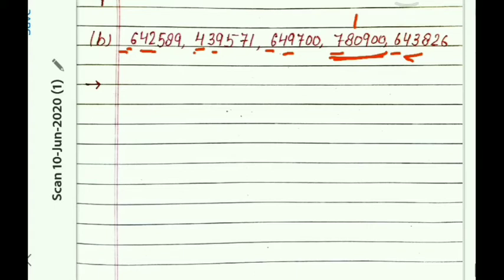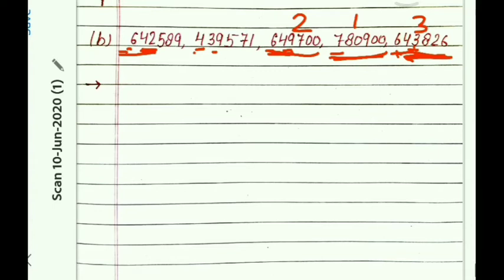Here in the 10,000 place 49 is coming. 6,49,000 is bigger than the other numbers, so write above here 2. Then after that, 6 lakh, here is 42,000 and the fifth number having 43,000. So 43 is bigger than 42, so the third number is this one only. So write above here 3.